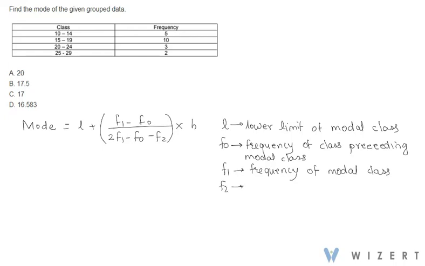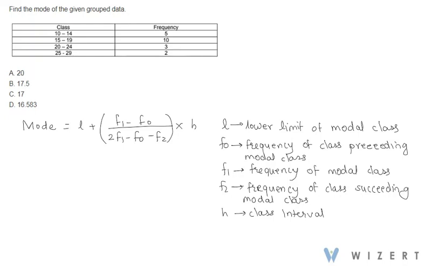And F2 is frequency of class succeeding modal class. H is class size or class interval.